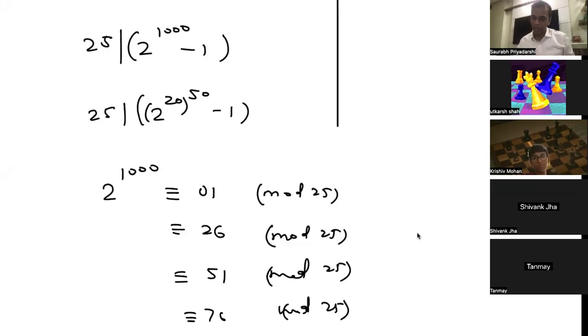When I divide 2 to the power 1000 by 25 and I get minus 1 divisible by 25, it may be exactly divided, then I get the number 01. And if not, then a factor of 50 or 25 is there. So the last 2 places I get double 0, or maybe 26. Then dividing by 25 and adding 1, maybe I get 50, then after dividing 50 plus 1, or 75 plus 1, 76.